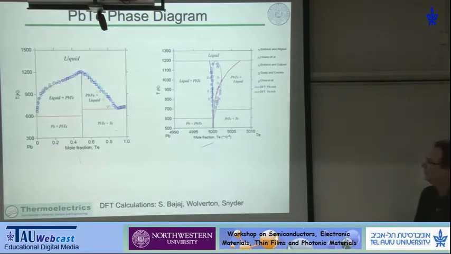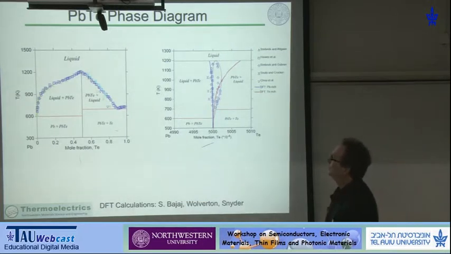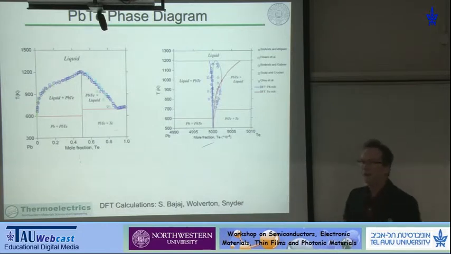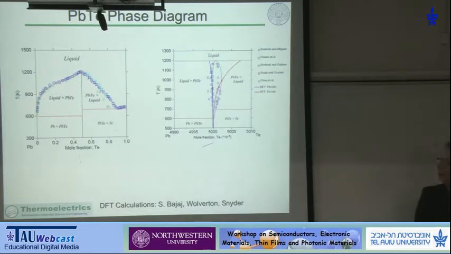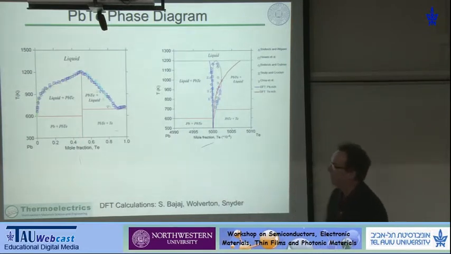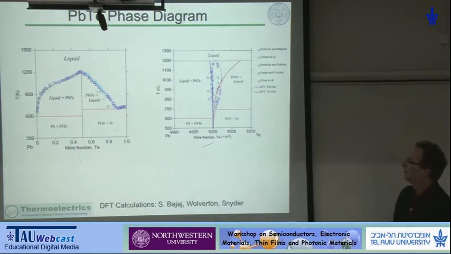And what that allows us to do then is to take what we would normally just see as a simple phase diagram, of a line compound for lead telluride between lead and tellurium.